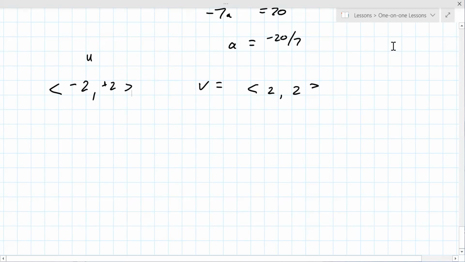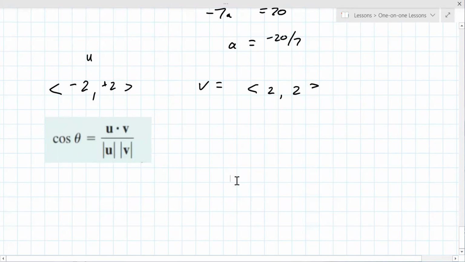So there's a formula for that, and you've probably seen it. This one right here, to find the angle between. Does that look familiar?